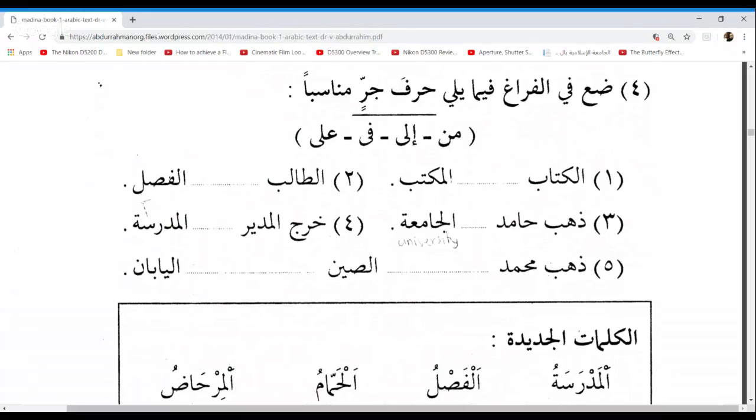So as-sinu means China and al-yabanu means Japan. Okay. ذهب محمد من الصين. Yep. Muhammad went to China. Okay, complete the sentence.